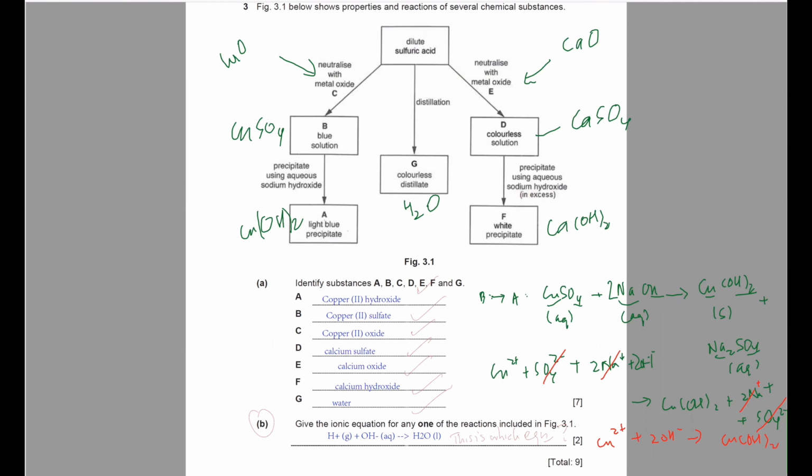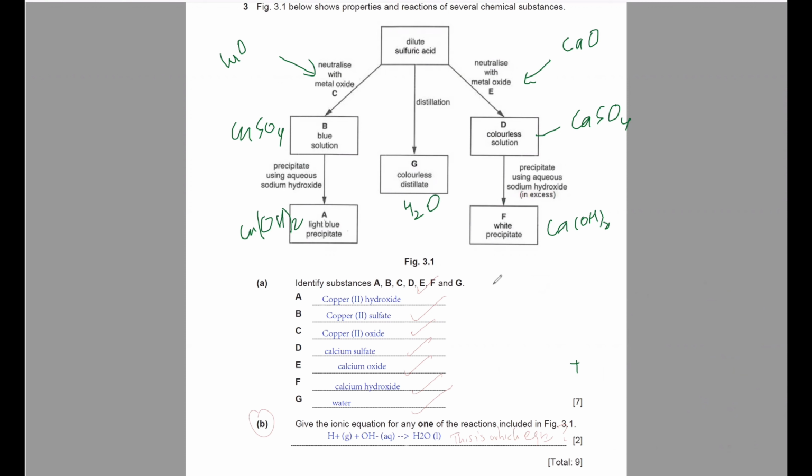That's one. Then next one I would do process D to F. It will be somewhat similar. So you get calcium sulfate plus NaOH gives you Na2SO4 plus Ca(OH)2.